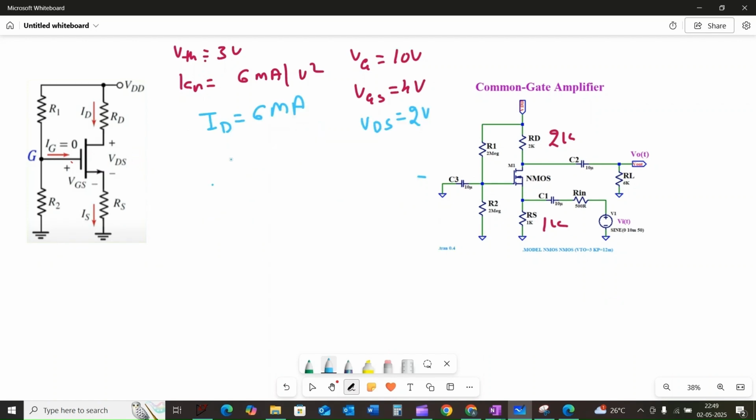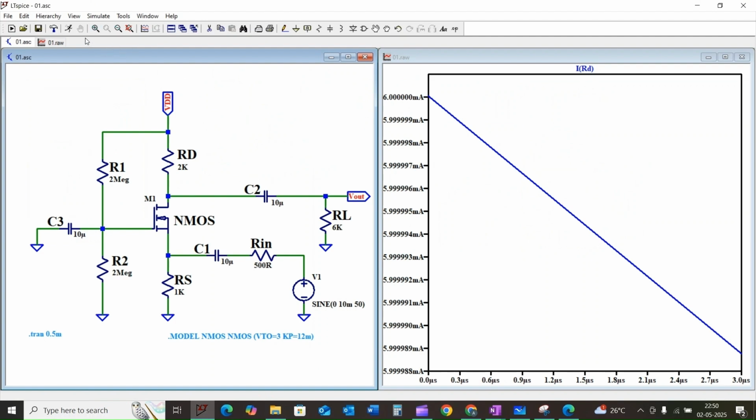Let us move on to DC analysis. So we have our DC quantities. Let us compare this with our simulation result. Here is our simulated result.